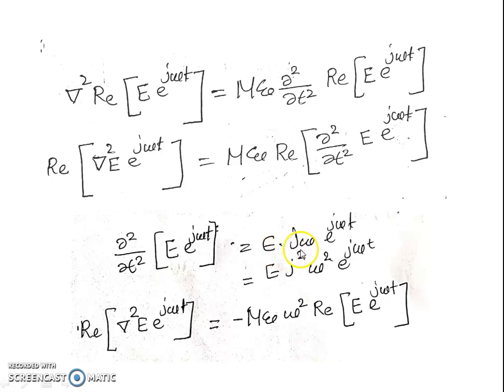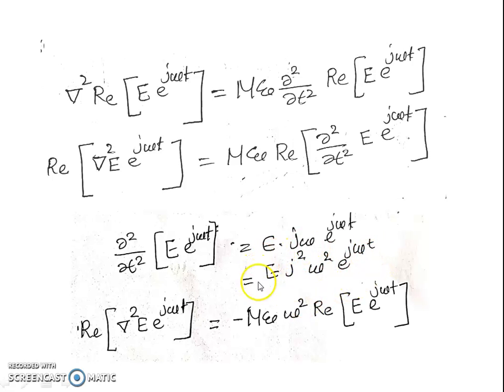And the value of dou square divided by dou T square E raised to j omega t is equal to E into j omega E raised to j omega t, that is equal to E into j square omega square E raised to j omega t. And in the former equation, real part of del square E raised to j omega t is equal to, we are applying the value for dou square divided by dou T square of E raised to j omega t as this value, that is equal to E j square omega square E raised to j omega t.